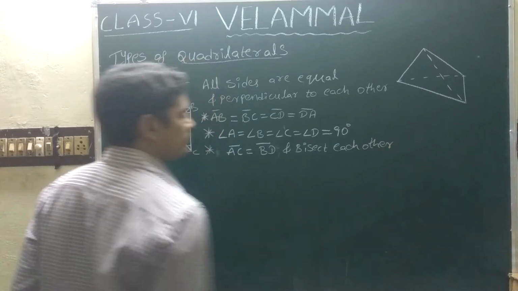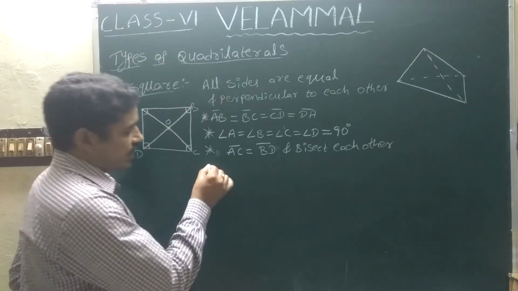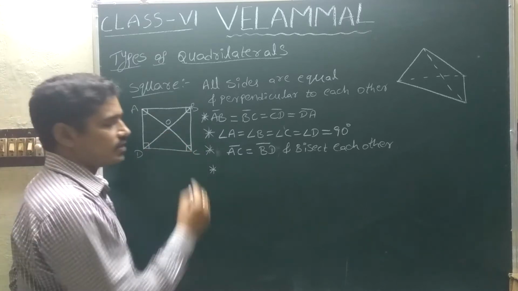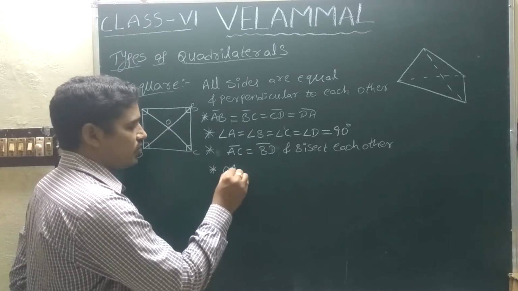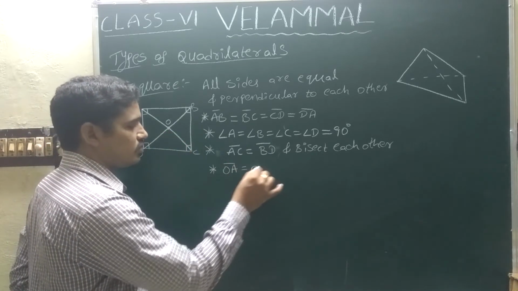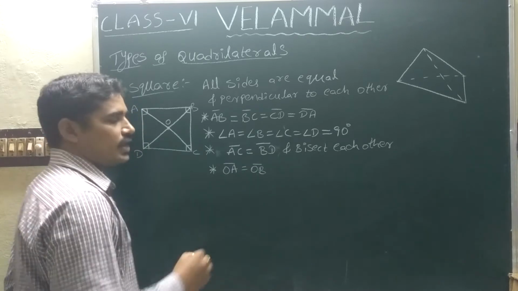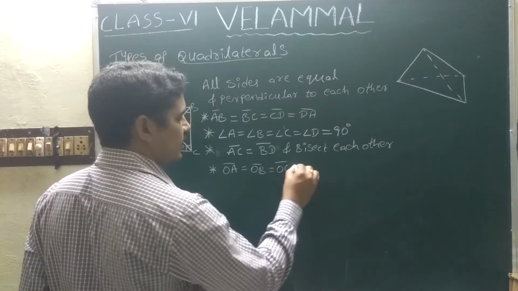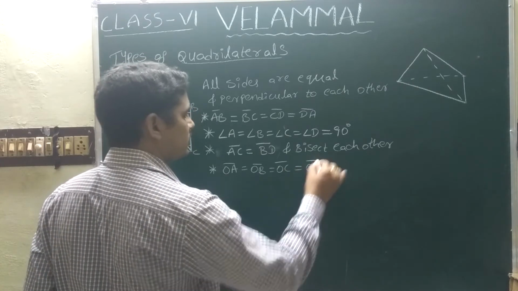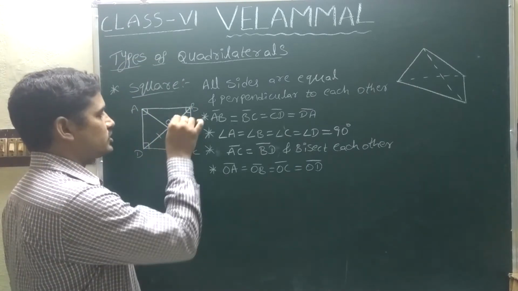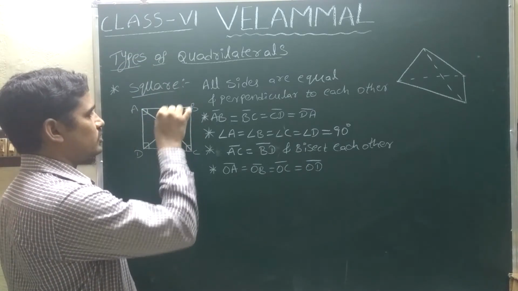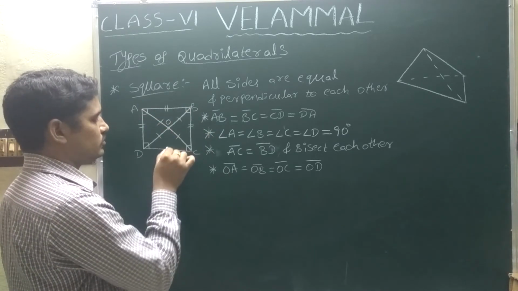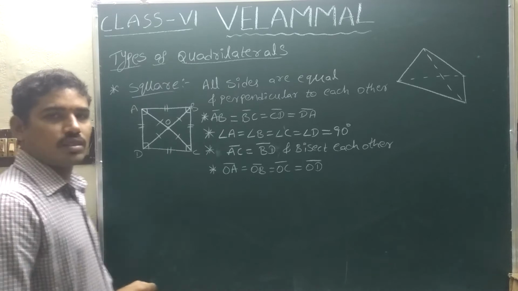Whenever we say bisect, O is the midpoint of both diagonals, and we can say OA line segment length is equal to OB line segment length, and that is equal to OC line segment, and that is equal to OD line segment. So these all must be equal.